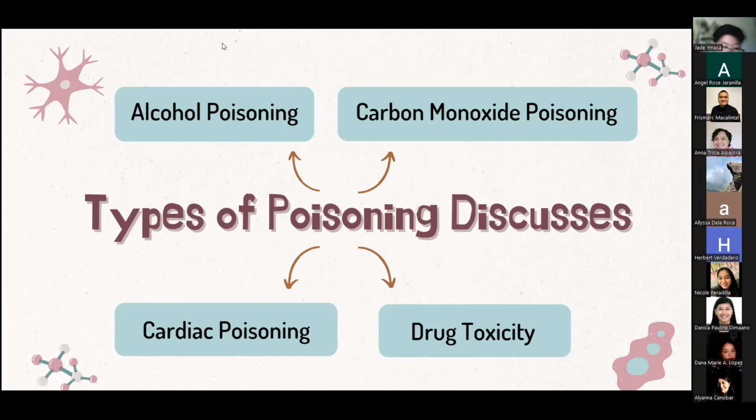It has many different types like delirium poisons, irritant poisons, corrosive poisons, and many more. So it requires days or even weeks to fully discuss all those subtopics of poisoning. So we just chose 4 different types.